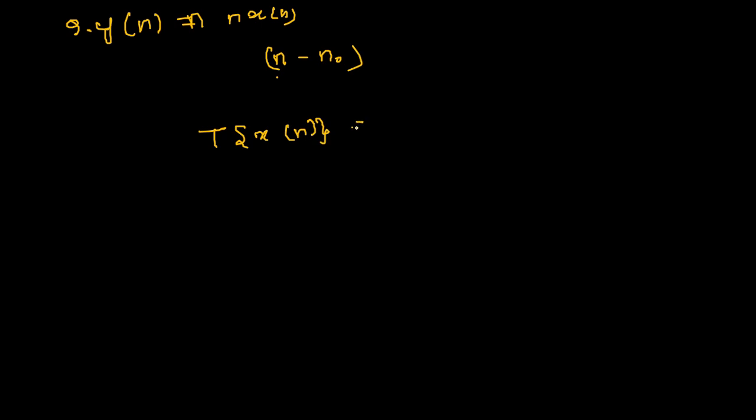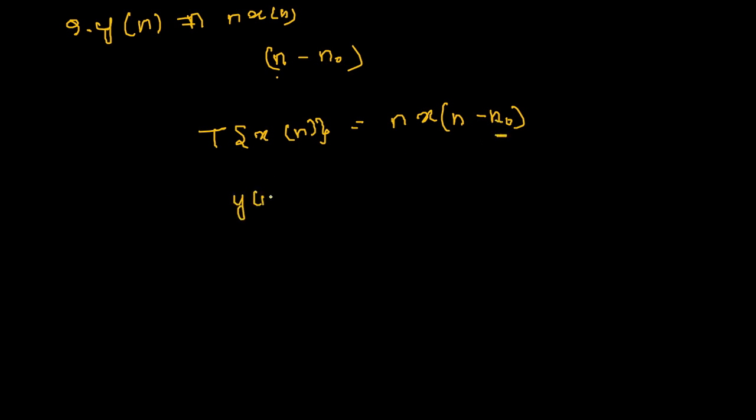And similarly, another case where you will get a variant system is if you have, let's take y of n is equal to n into x of n, right? So here, if you take a delay of n naught, T of x of n simply gives us n into x of n minus n naught. So this is the delay in input.